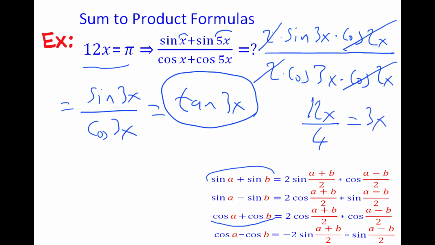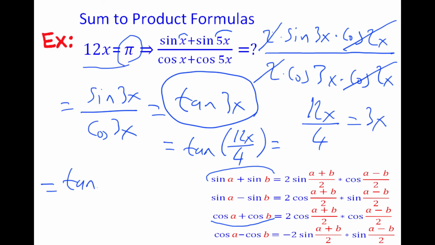So actually, that 3x can be written as 12x divided by 4. So this is actually tangent 12x divided by 4, right? Which is tangent 3x. And 12x is given to us as pi, right? And then our question becomes tangent pi divided by 4, guys, which is tangent 45 degree, as you all know.